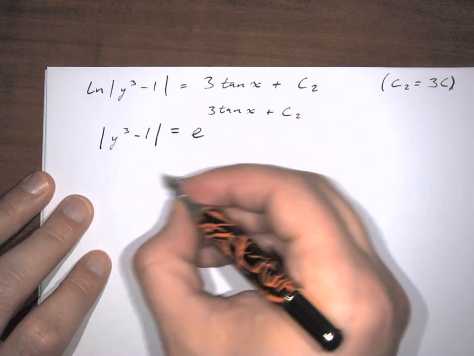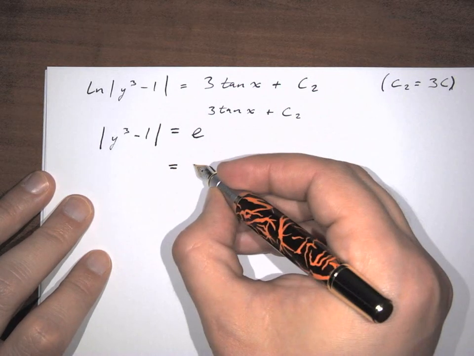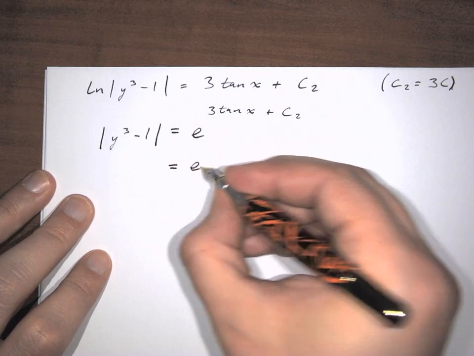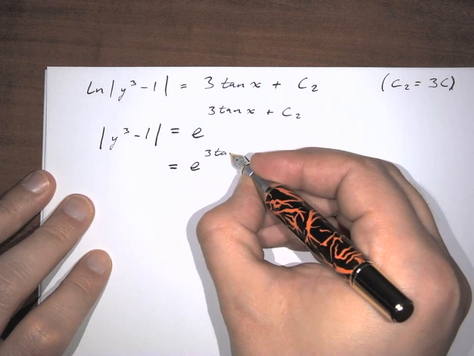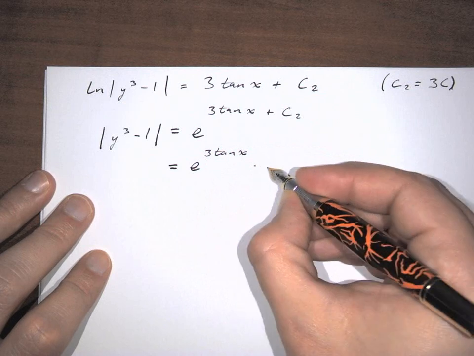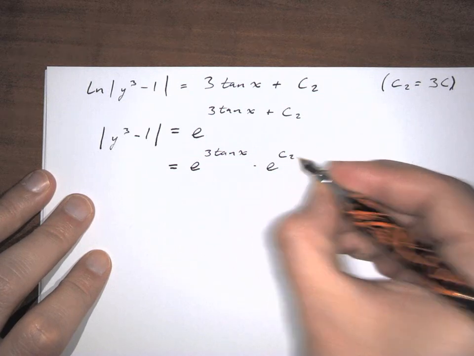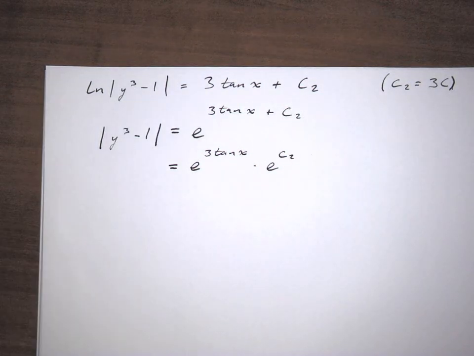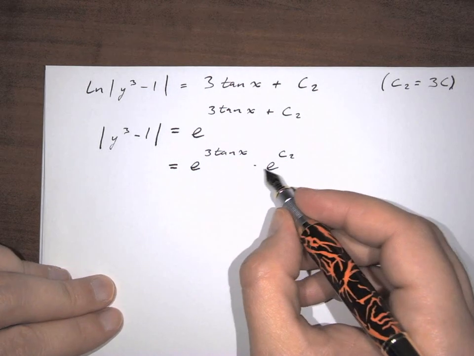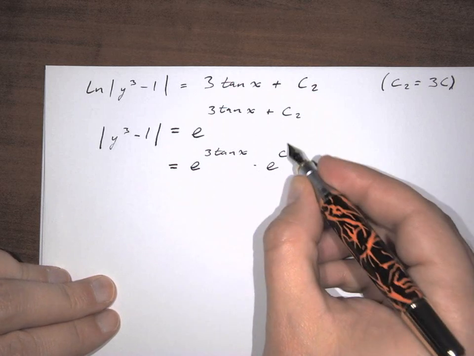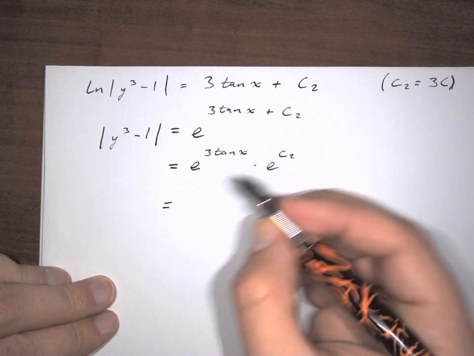Now, thinking about this, this is equal to e to the 3 tan x times e to the c2. This is a classic property of exponential functions that we can use. And then this we can call a third constant.